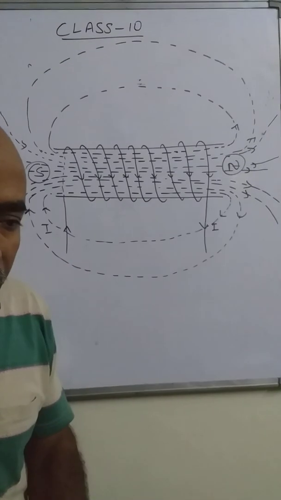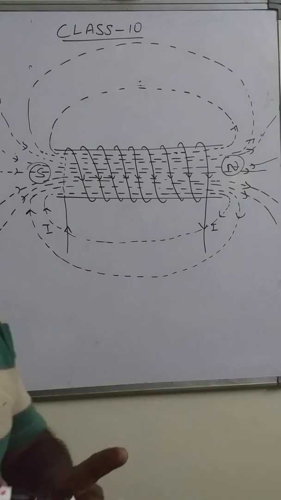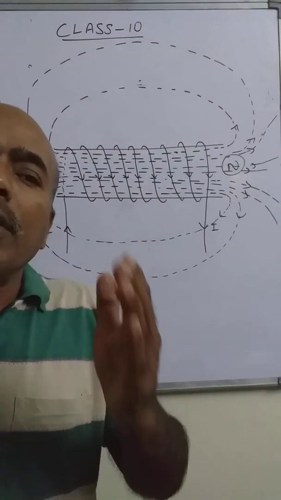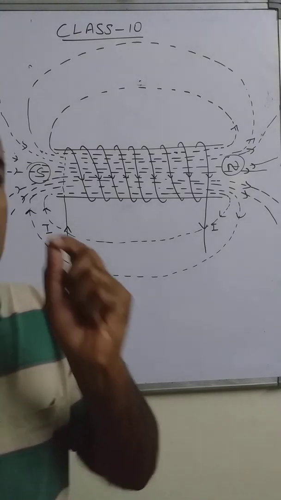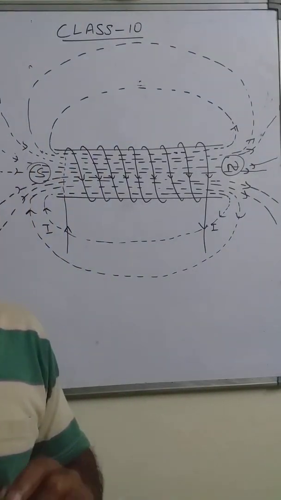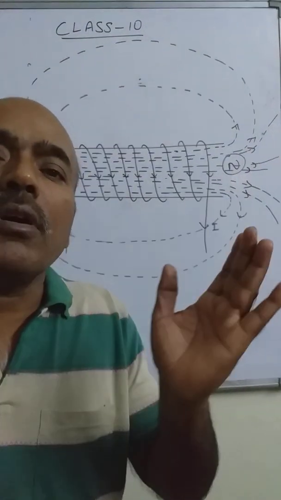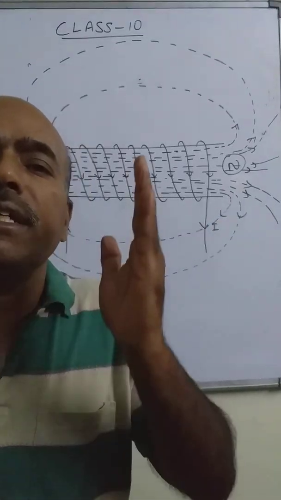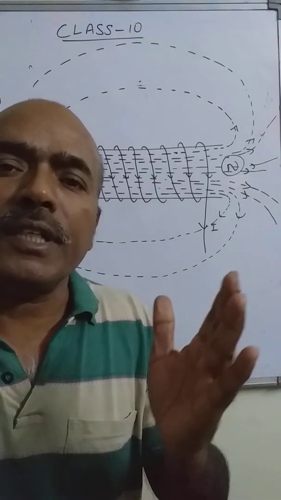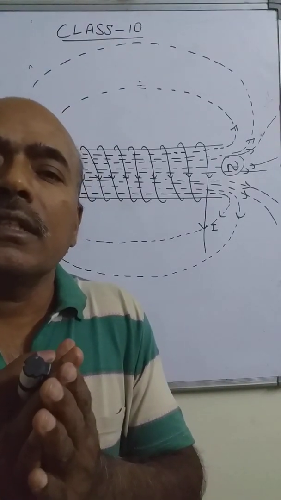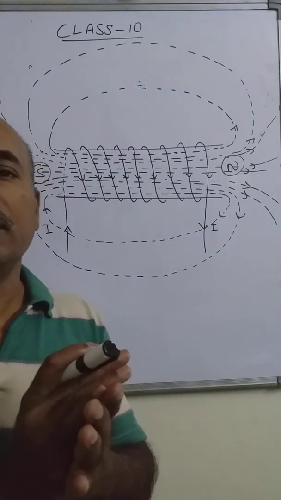If you think about the properties of magnetic field lines, there is one property: the relative closeness of the field lines represents the strength of the magnetic field. If the lines are very close, the field is stronger.